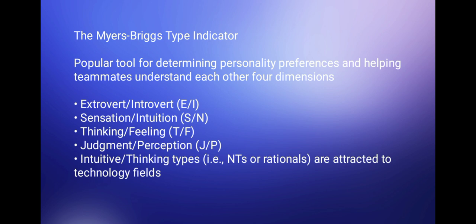Thinking types are attracted to technology fields. The Myers-Briggs Type Indicator is a famous tool to understand personality differences. It helps us understand the communication style of our team members.